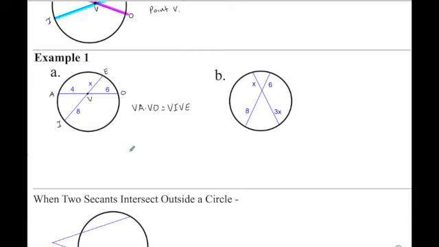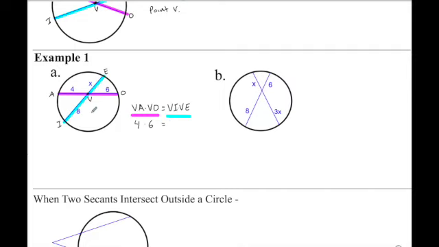And then I just have to plug stuff in and I could solve for X, a missing segment in this circle. So VA, finding that, let's just go ahead and highlight this again. VA is this one here, that's 4, times VO, which is 6.